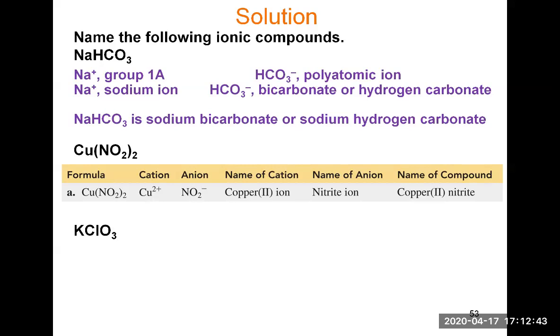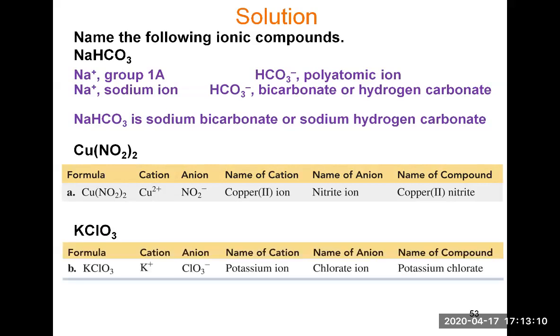Now, KClO3. K is potassium, an alkali metal from group 1A. So it's K+. And then ClO3, you look at the list of polyatomic ions, you find that it's 1 negative charge and it's called the chlorate ion.